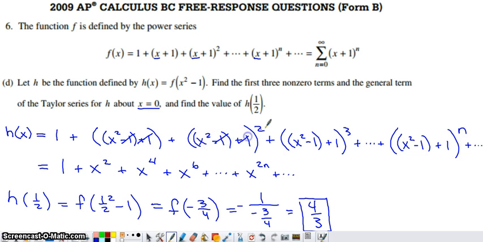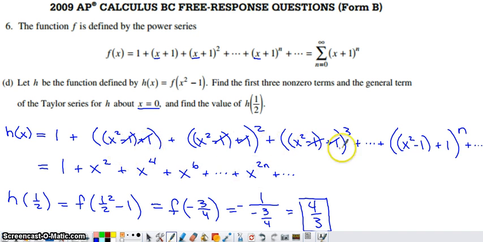So those are going to cancel, and what you end up with is a series that is based at 0. So the series for f is based at -1. The series for h has to be based at 0. Coincidentally, by putting this quantity in place of the x's in f, we end up with a new series that is based at 0. So here's the Taylor series for h that is based at 0.